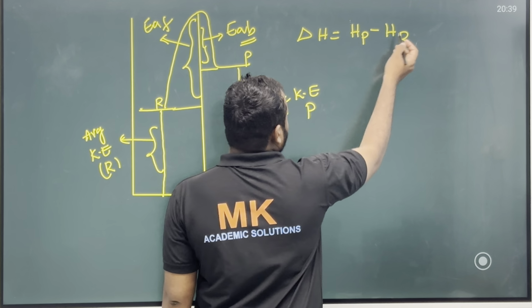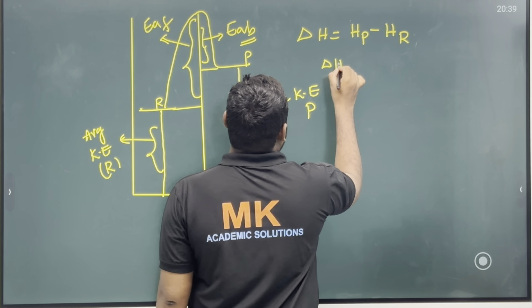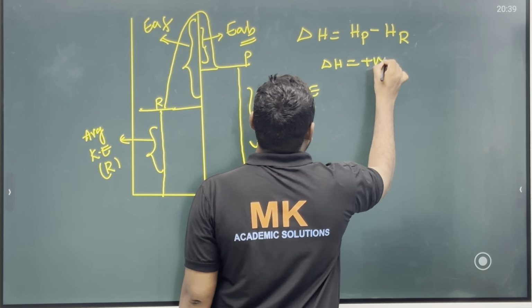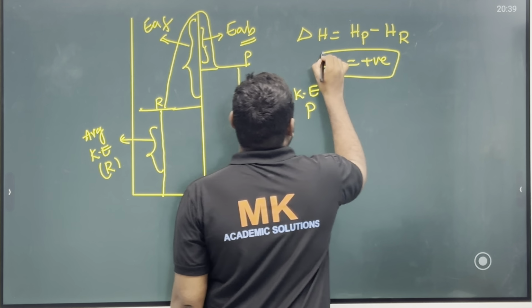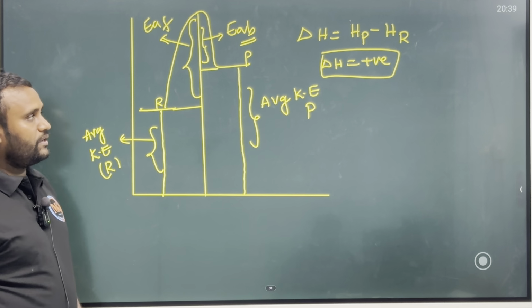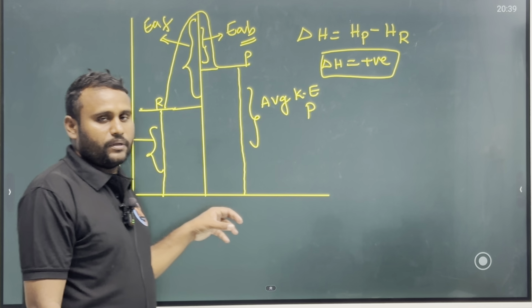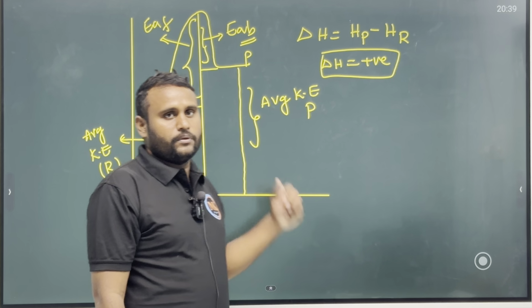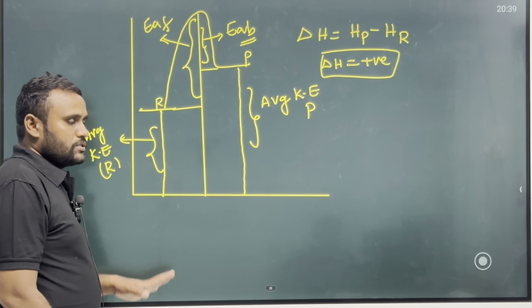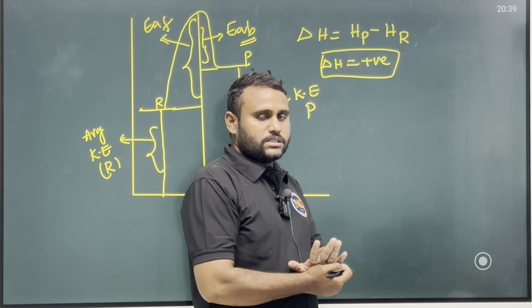So more minus less, obviously you will get positive. So in this representation, the forward reaction is an endothermic reaction. It is going to absorb some energy. This is about the transition state theory.